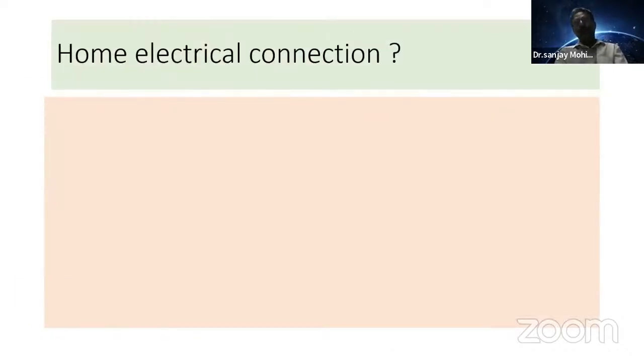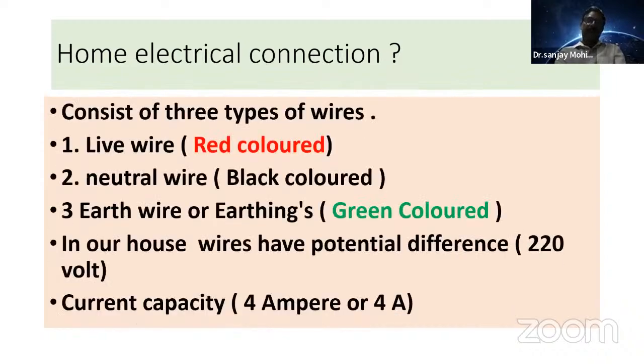Now we're coming to the next part of the application of Joule's law, the home electrical connection. When we see a home electrical connection, what things should you know related to the electric current connected to our house? In our house, we use 2-pin plugs, sometimes 3-pin plugs.